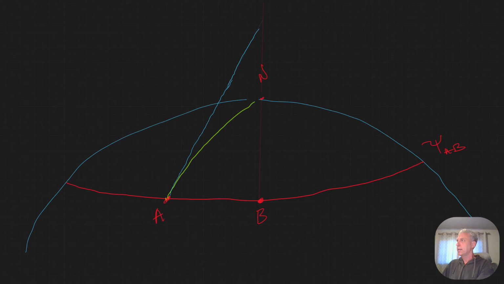So the line tangent at A, that angle that we've just created, what would that angle be? Well, if I were to draw a grid north here, so grid north at A and grid north at B are parallel, aren't they?